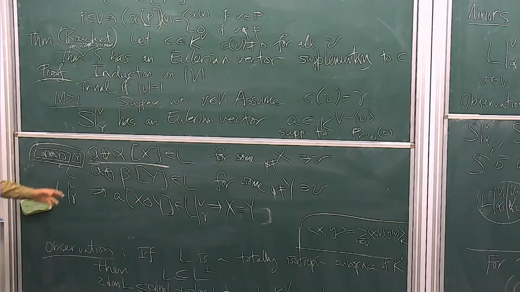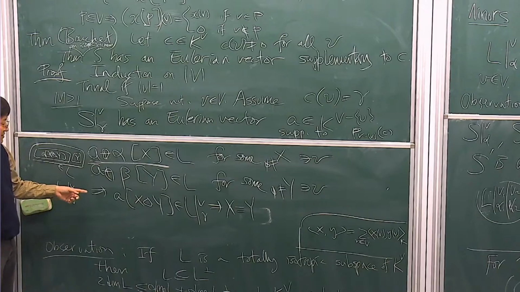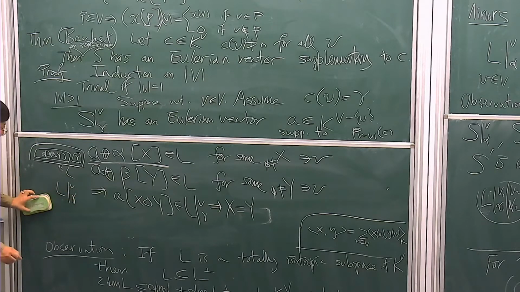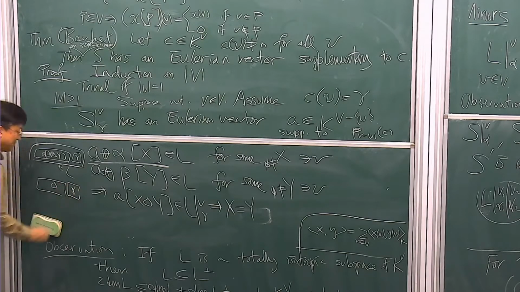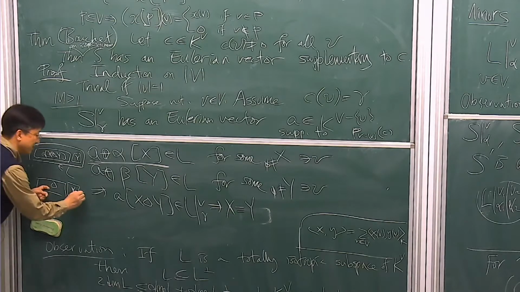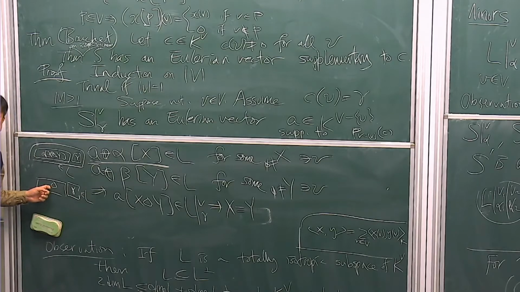That means 0, gamma, that vector is in L. This is 0, right? 0 gamma is in L. That's weird, because then what happens?